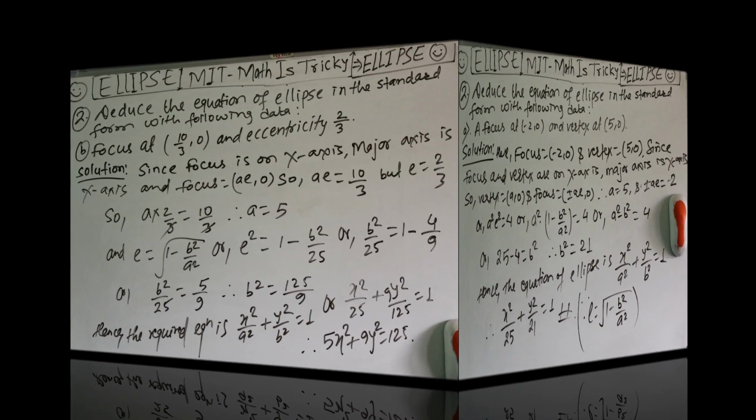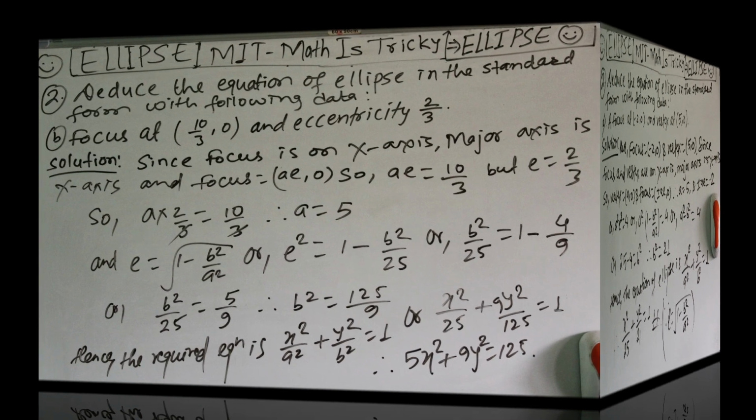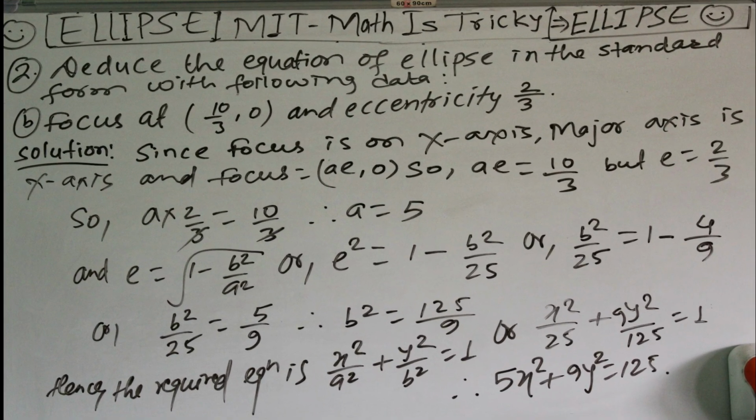In this case we are given focus as 10 by 3 comma 0, eccentricity as 2 by 3. Again see here focus is on the x-axis, so the ellipse is horizontal. Okay, so major axis is the x-axis and focus will be ae comma 0, so from that we'll get ae equals 10 by 3, but eccentricity e is given as 2 by 3, so we'll get a equals 5 on simplification.